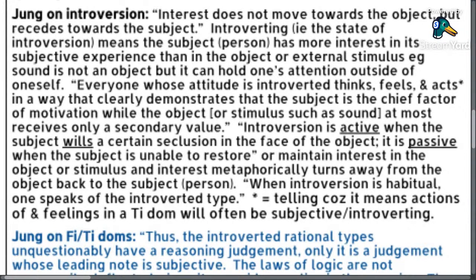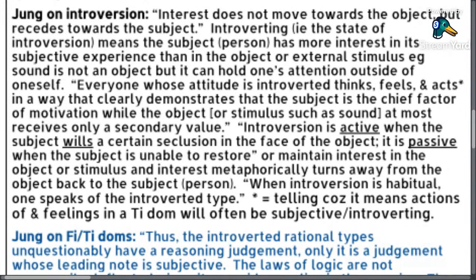Introverting. Now, when it's not in quotes, it's me. Introverting, i.e. the state of introversion, means the subject, person, has more interest in its subjective experience than in the object or external stimulus. E.g., sound is not an object, but it can hold one's attention outside of oneself. Hopefully you're doing that at the moment.